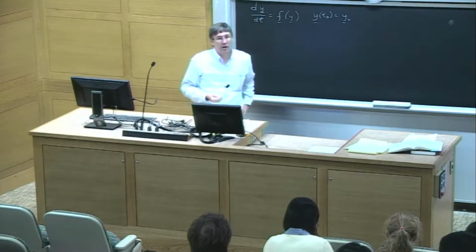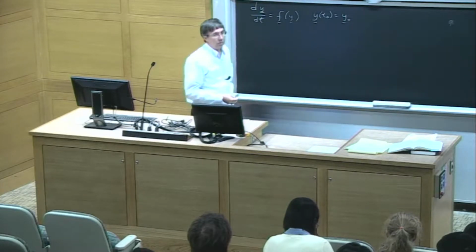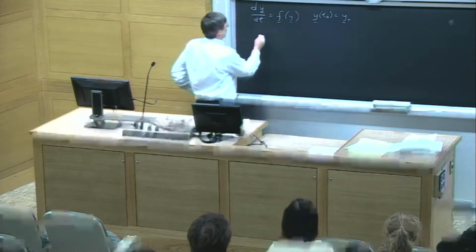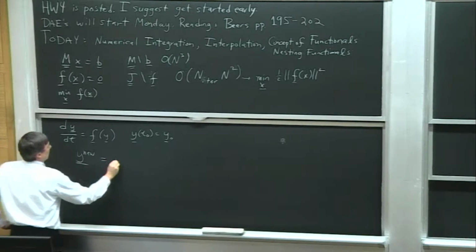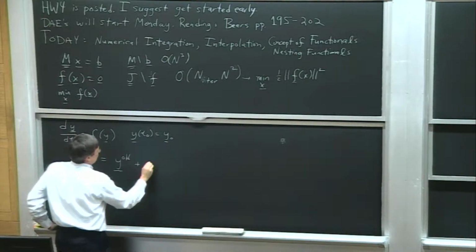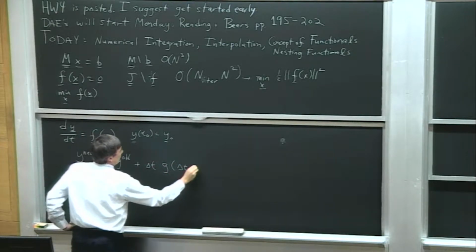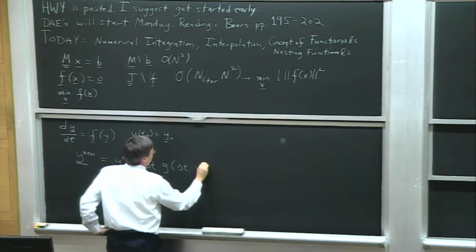But then we pointed out that a lot of times they're numerically unstable, and so then you have to instead use implicit methods. But the implicit methods generally work this way: your new value of y you're trying to compute is your current value of y plus delta t times some g. It depends on the size of delta t and y new, maybe y old also.